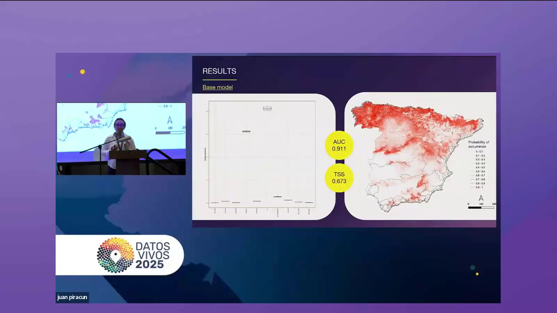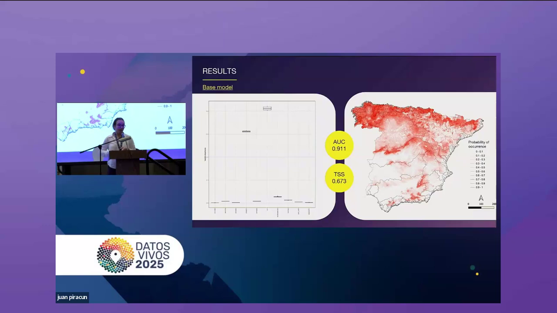Okay, so for some results, our base model was an excellent model in terms of AUC, more than 0.9. And the Truskill statistic was also good, although not excellent, more than 0.6. So you can see that the brown trout, according to our models, is mainly distributed in the north of Spain.